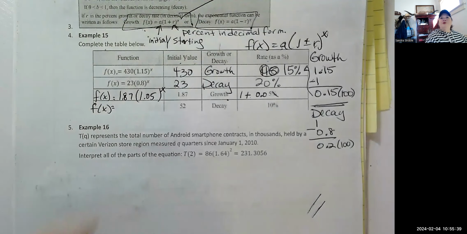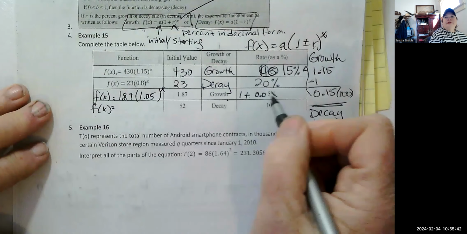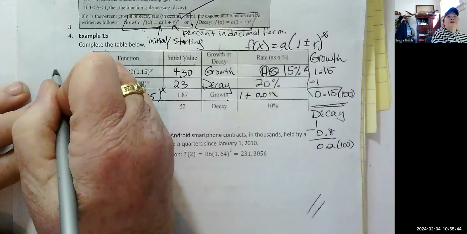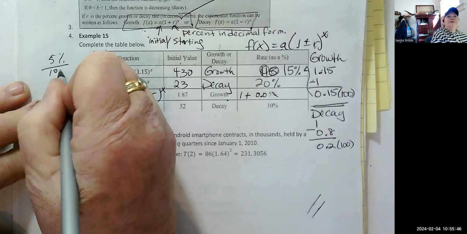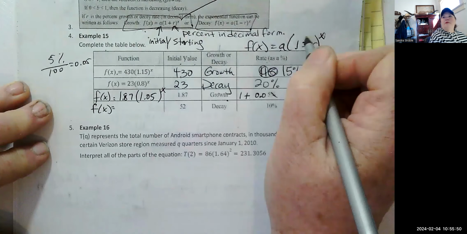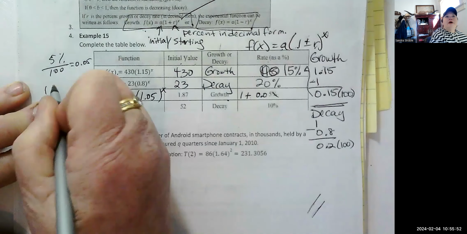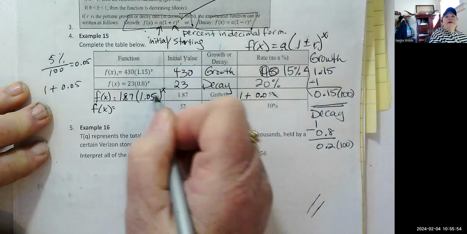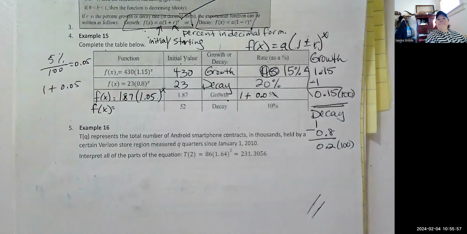When you have growth, you take the percent, 5%, change it to a decimal, and then because it's growth, you go 1 plus that number. 1 plus 0.05 is 1.05. That's how you get your growth.